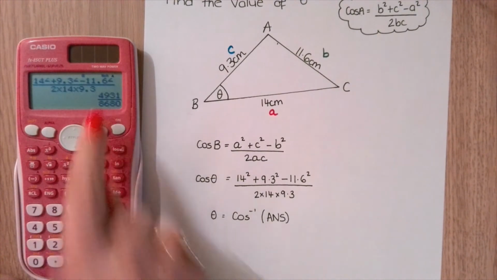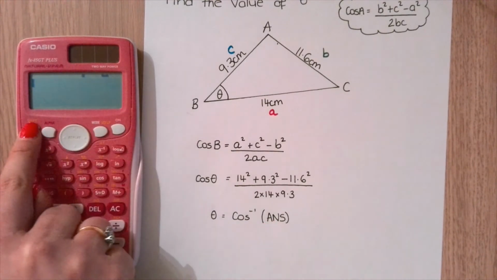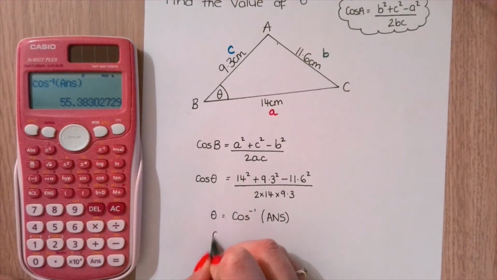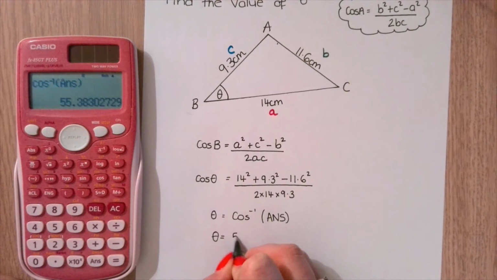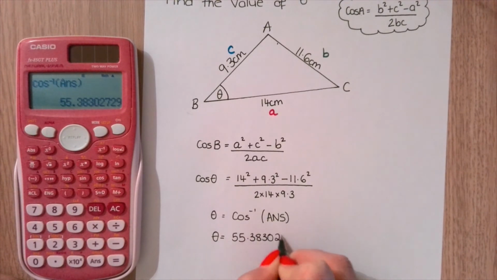That's the answer that I'm going to use at this stage. To do that, shift cos to get inverse cos, the previous answer that I've just typed in from here, and that gets me a value of theta of 55.38302729.